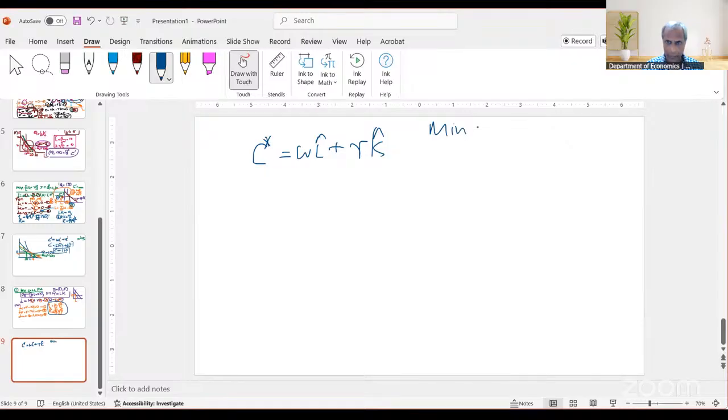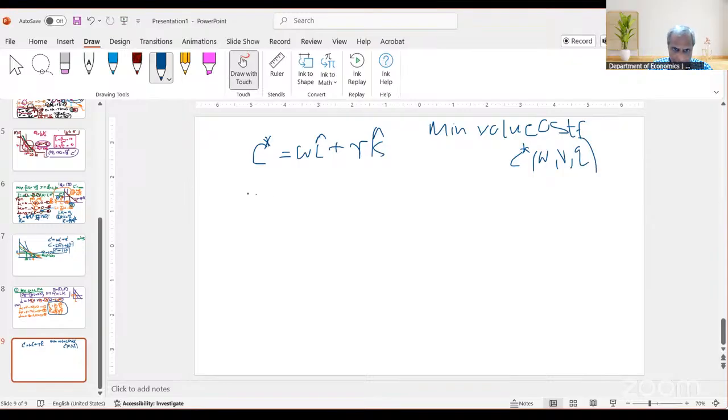In the exam I'll ask for the cost function, the minimum value cost function. That's the function of W, R, and Q. We'll see how it happens.